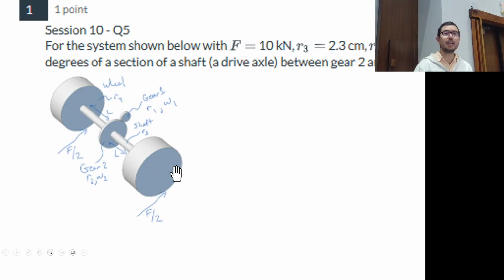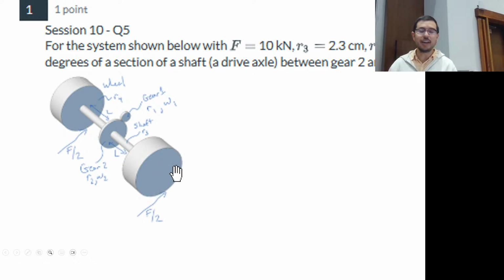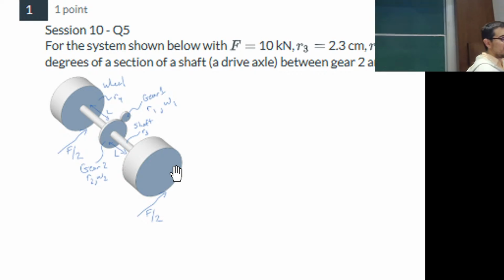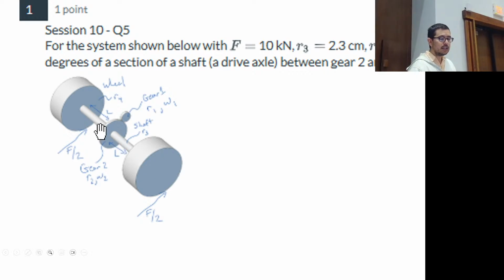This is really as primitive as I can probably get with 3D CAD. The structure that I'm concerned about failing is this shaft going between, let's say, the drivetrain and the wheel.